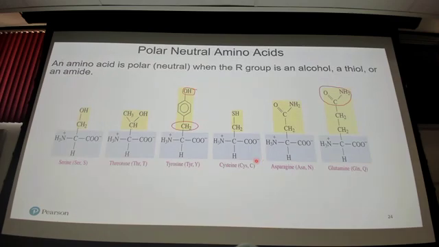So polar amino acids, polar molecules like water. They have alcohol groups, they have that thiol group, which is sulfur and a hydrogen together, and they also have the amide group. The amide group is the C double bond O attached to a nitrogen and hydrogen. Same rule of thumb. See how there's an aromatic ring in tyrosine?